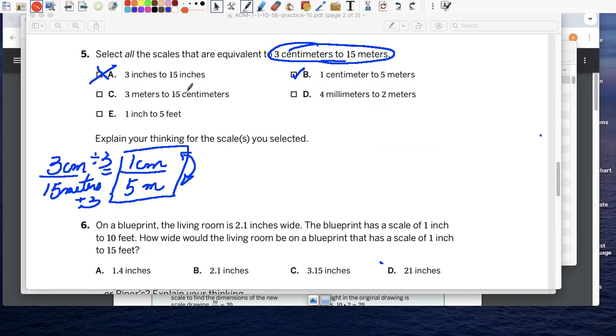C: 3 meters to 15 centimeters. That doesn't even make sense. Okay, 3 meters to every 15 centimeters.